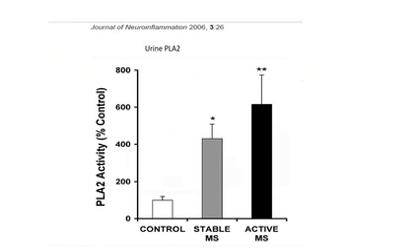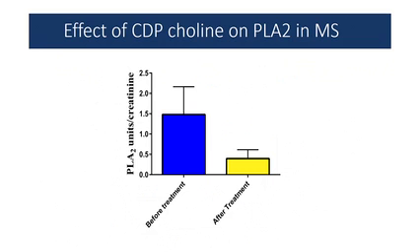We didn't publish our data, but other people published similar data in the Journal of Neuroinflammation and found exactly the same thing, that people with severe multiple sclerosis had the highest amount of phospholipase A2 in the urine.